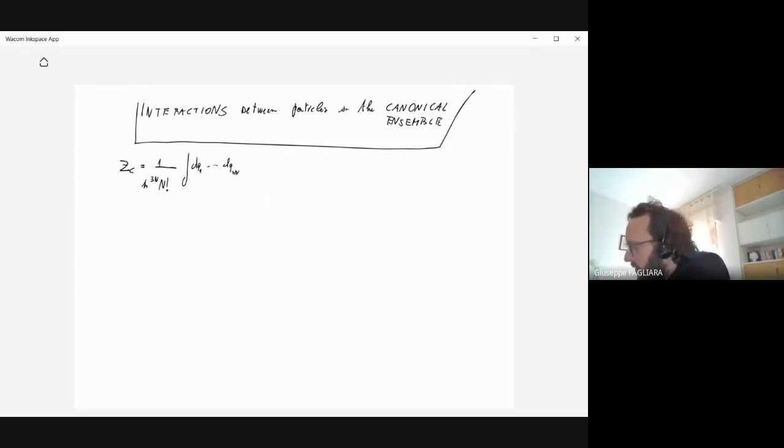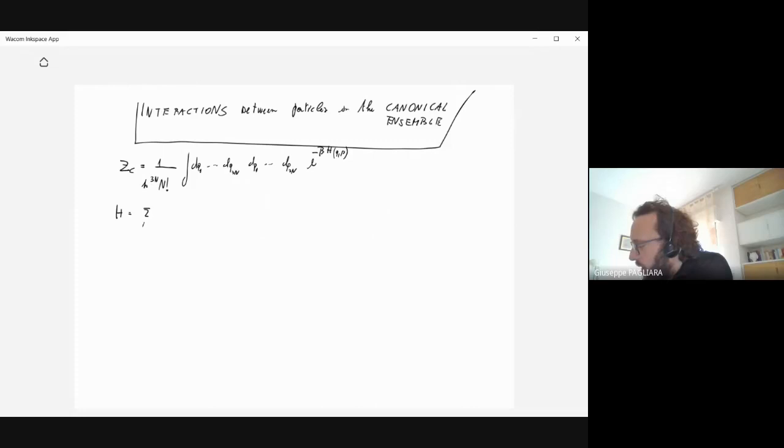dq3n, dp1, dp3n, and here I have the exponential of minus beta times a certain Hamiltonian that is a function of q and p. Let's write the Hamiltonian as follows.